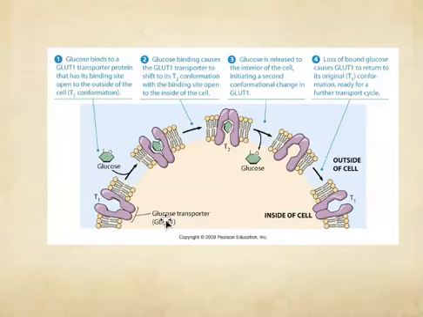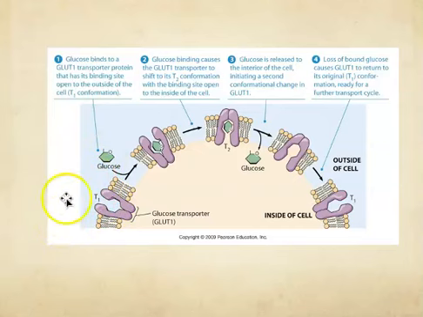It can only carry glucose, and it can only carry it in one direction. So what's happening in the diagram, if we start here on the left, is this carrier protein normally is open to glucose only on the outside of the cell.